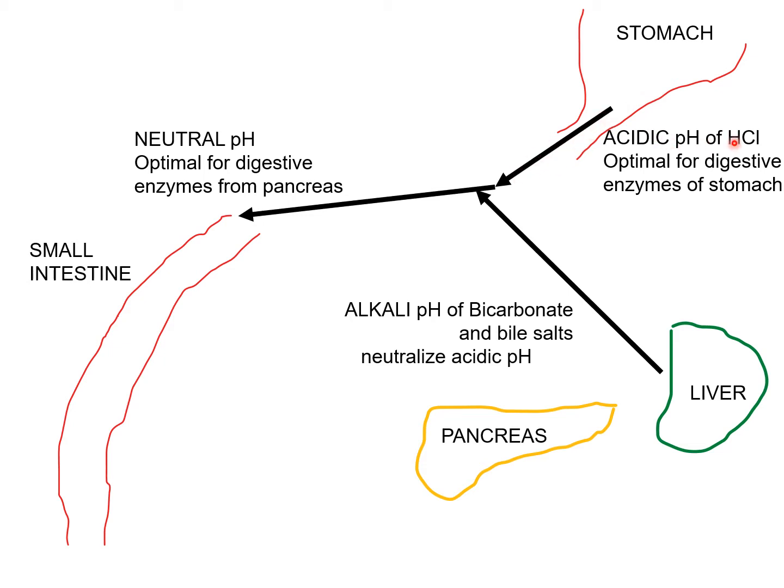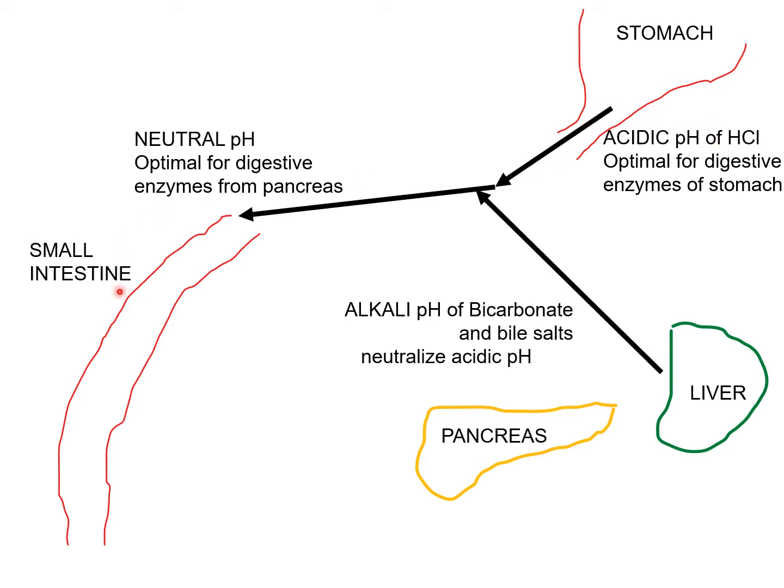This highly acidic chyme from the stomach is being emptied into the duodenum portion of the small intestine. The small intestine, especially the duodenum, creates a thick layer of mucus that is protecting the first few inches of the small intestine from this acidic chyme.